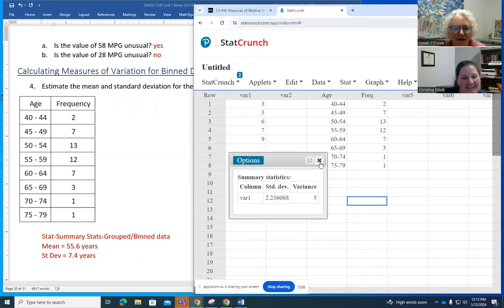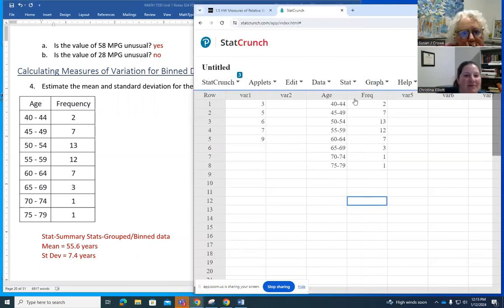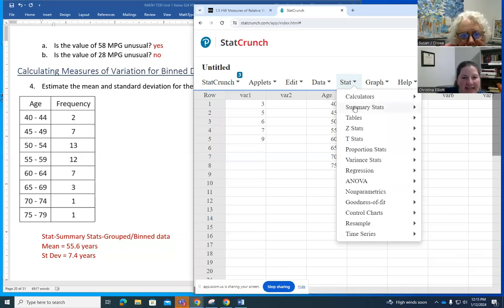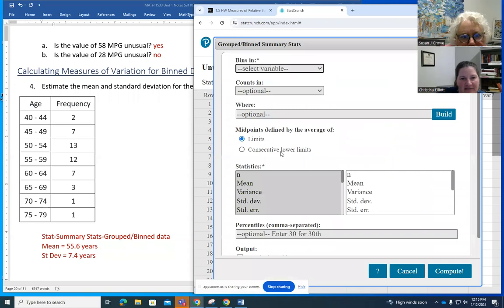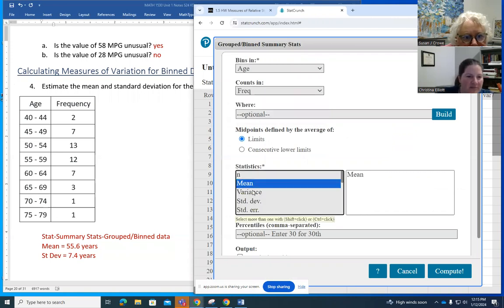Let's find both. So, Summary Stats, Grouped/Binned Data, and I have my bins listed in age, and I have my counts listed in frequency. So let's find the mean, the standard deviation, and the unadjusted standard deviation.